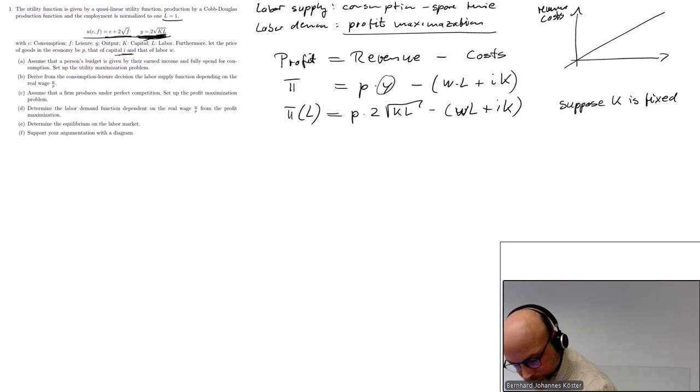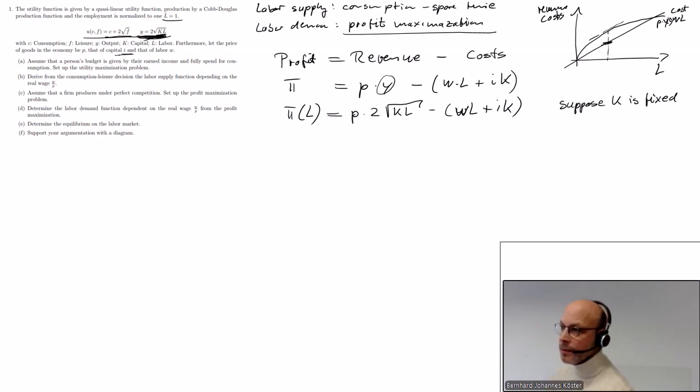This is your cost function, omega times L, and we have this right-banded production function, P times Y of L. What we want to do is calculate the maximum difference between these two functions. And then actually from the functions I directly see that it is a maximum.